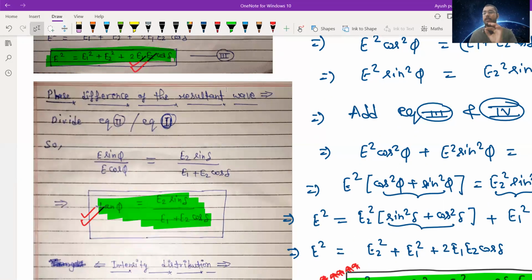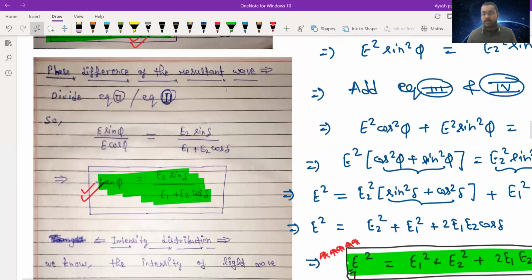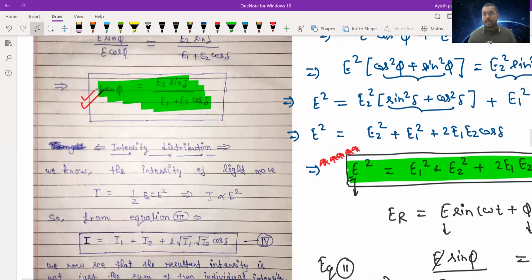Now I want to calculate the intensity of the resultant. Do you know the formula of intensity? Intensity is actually proportional to the square of the amplitude, and this comes from this formula. This is the formula for intensity.